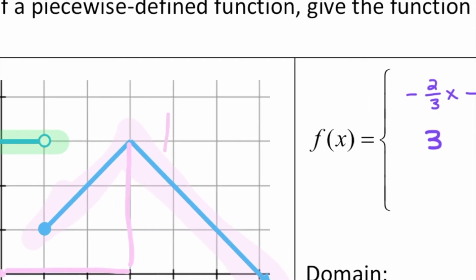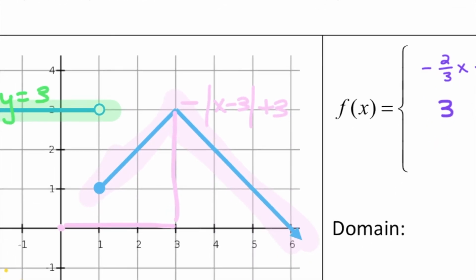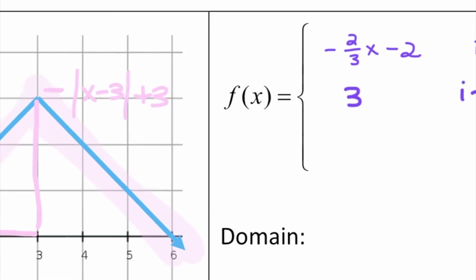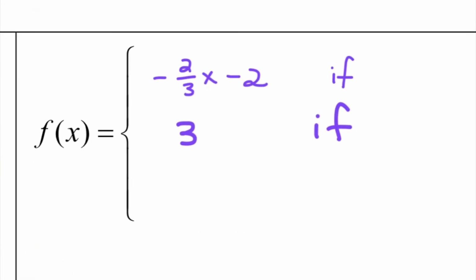So this would be the absolute value of x minus 3, that's to the right, and then up 3, that's plus 3, and a flip is the minus at the beginning. And so that equation is going to be negative absolute value of x minus 3 plus 3, and we'll fill in the restrictions next.